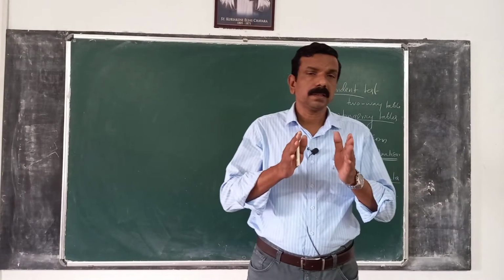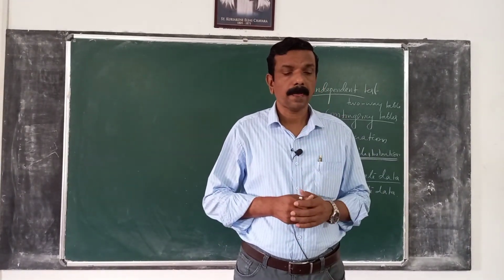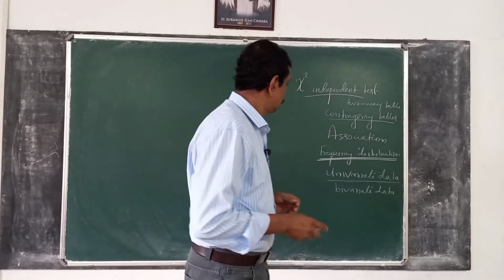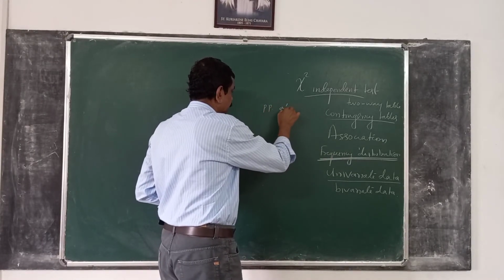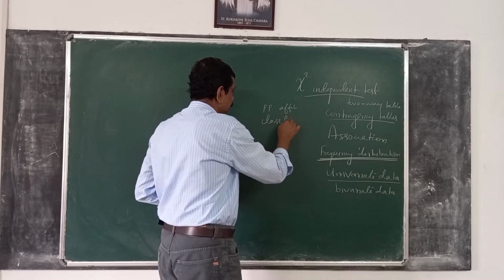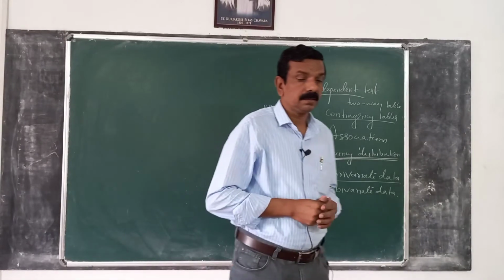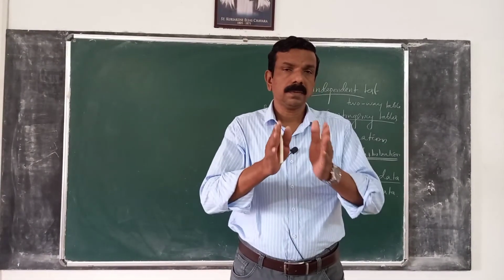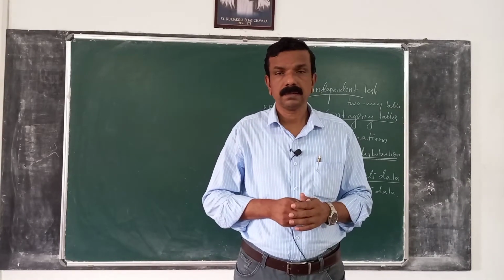To explain what is a contingency table or a two-way table, let us consider data on political party affiliation and class level of students. The variables are political party affiliation and class level.